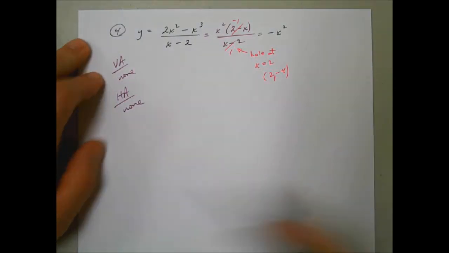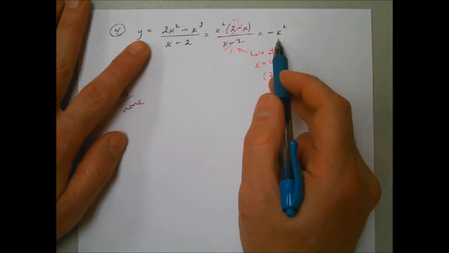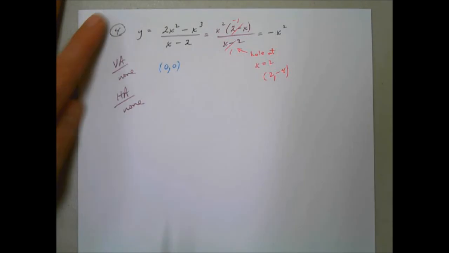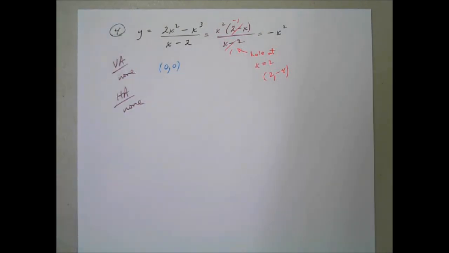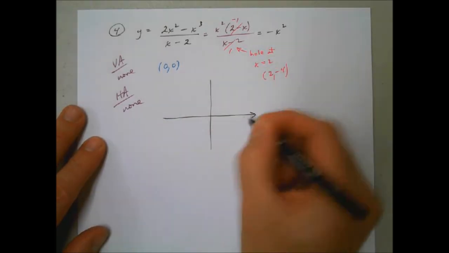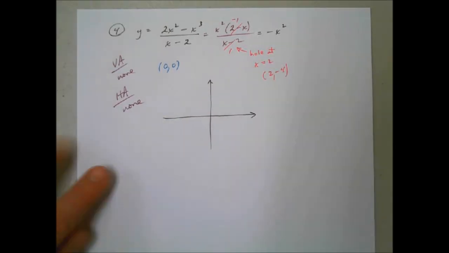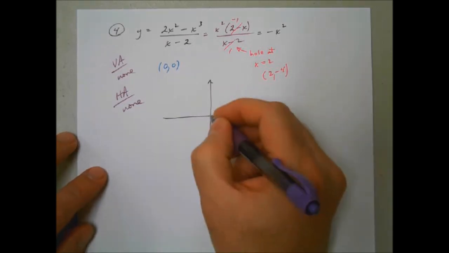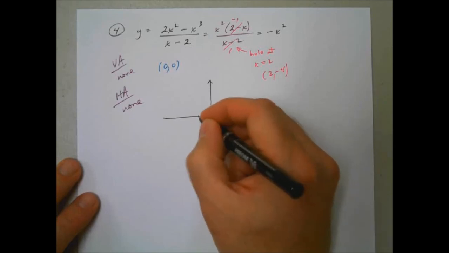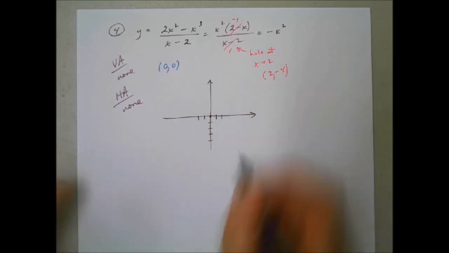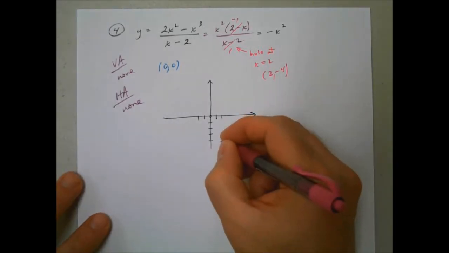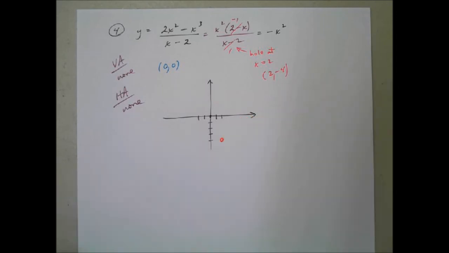X-intercept: if y equals 0, then x equals 0, so 0, 0. Graphing this, we've got 0, 0, and we have a hole at 2, negative 4.